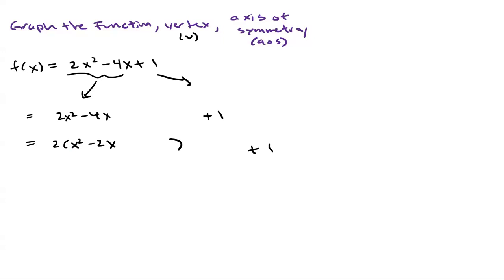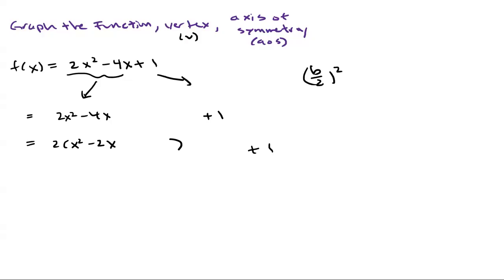All right. And now I can use the formula b over 2 squared. But I have to be careful, because instead of using the original b, we have to use the b here in the parentheses. So be careful with that. Let me circle that.